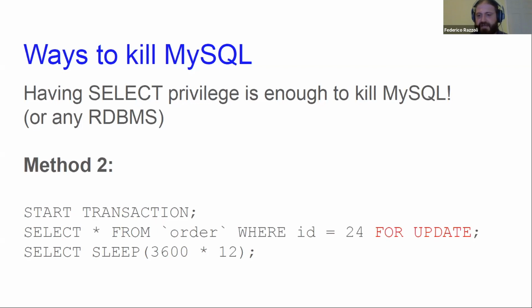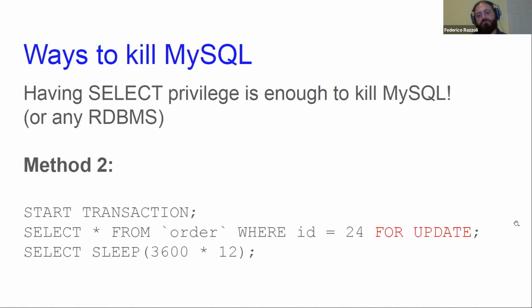The other method I wanted to show is probably a bit harder to detect. I start a transaction and then I select only one single row, but I add the FOR UPDATE syntax, which I showed before, and basically it acquires a lock.